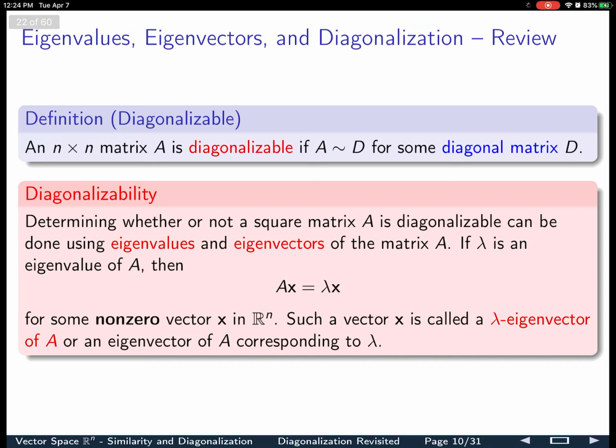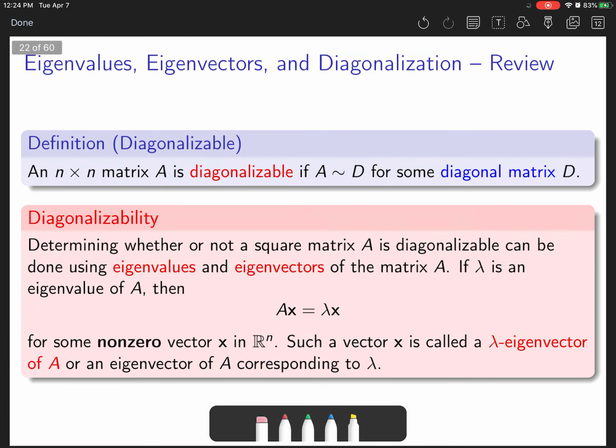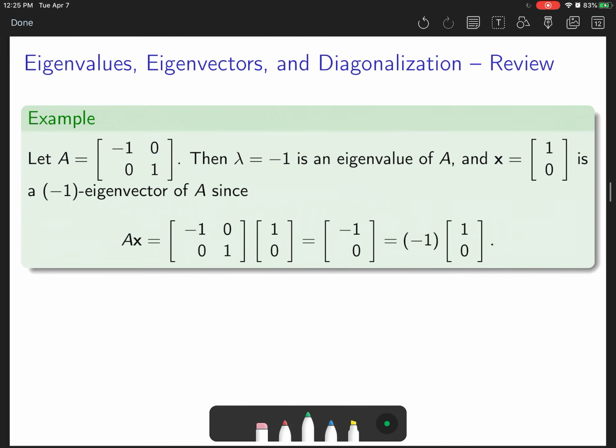So it's not completely new, but we're now using new vocabulary, and hopefully we'll understand it in a bit deeper manner. Here is just some more vocabulary. We're going to use this notation here for lambda eigenvector, which is just an eigenvector associated with lambda. Cool. Moving on.